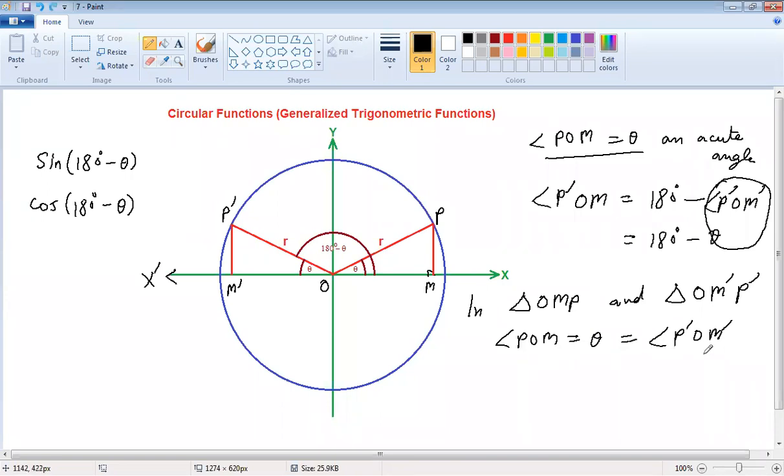So these two angles are equal. Angle M is equal to angle M dash, both are 90 degree. And the side OP of the right triangle OMP is equal to the side OP dash, because these are the radii of the same circle.